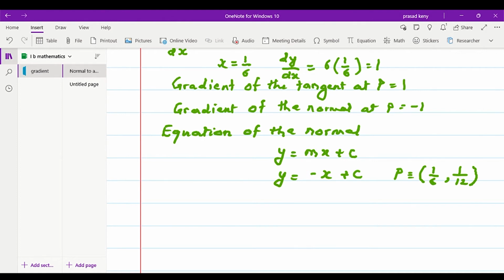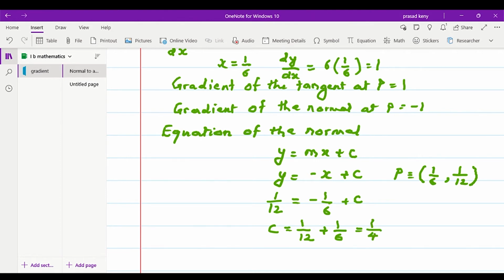So I'm getting 1 upon 12 is equal to negative 1 upon 6 plus c. That means c is equal to 1 upon 12 plus 1 upon 6, and that is 1 upon 4.